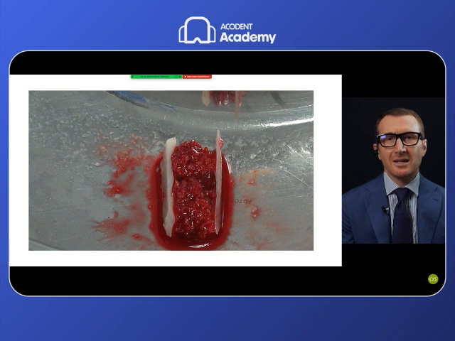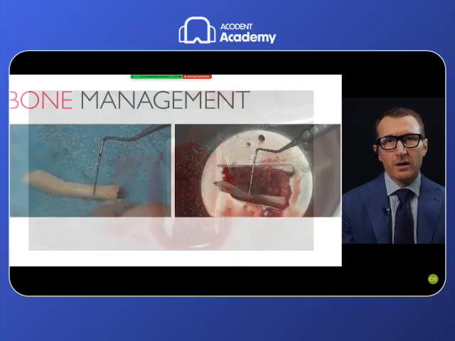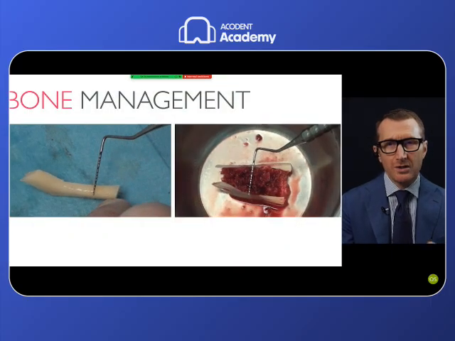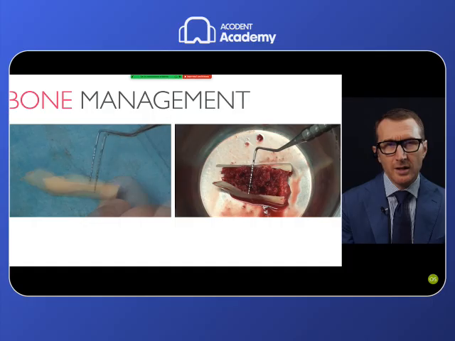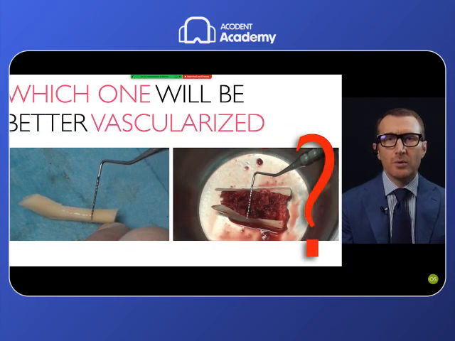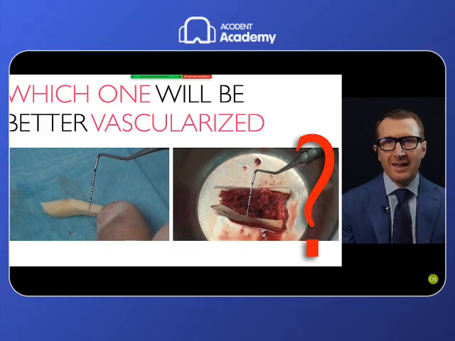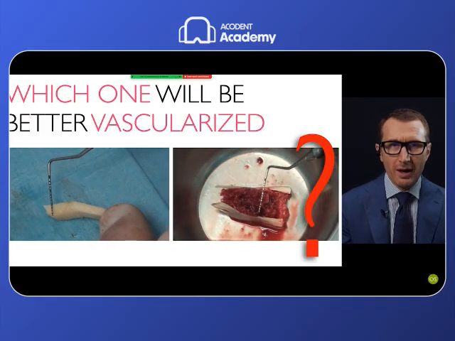changing the macroarchitecture of the graft, and this is going to affect the vascular support of these grafts. So changing the macroarchitecture means changing the way, or making the vascular support easier. And this is going to happen anytime.